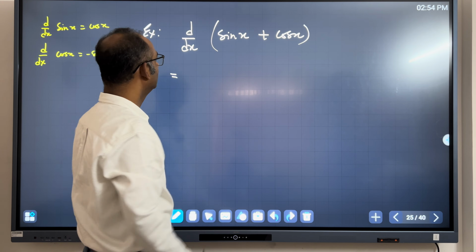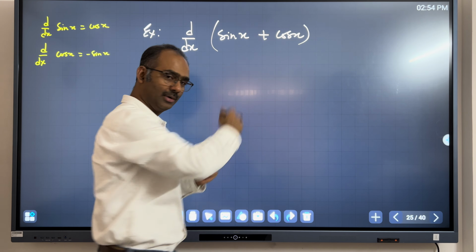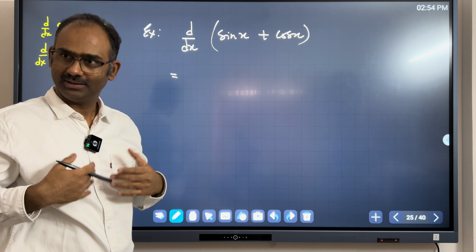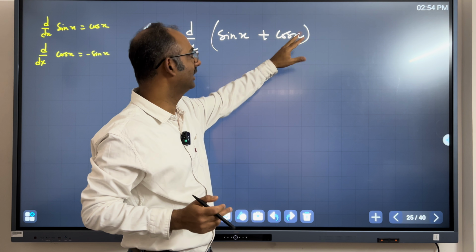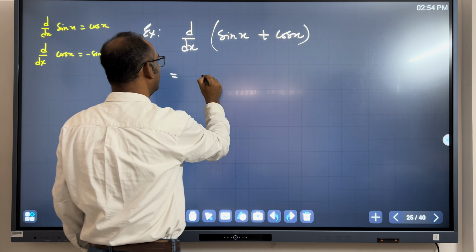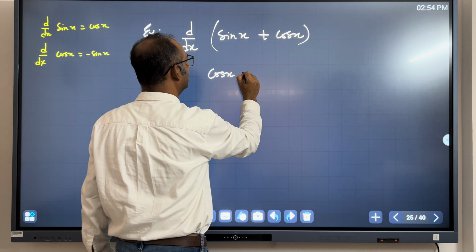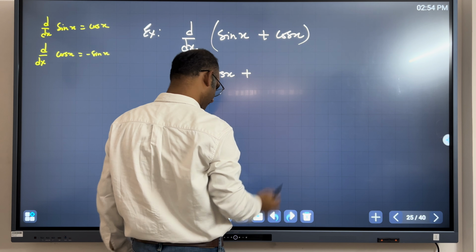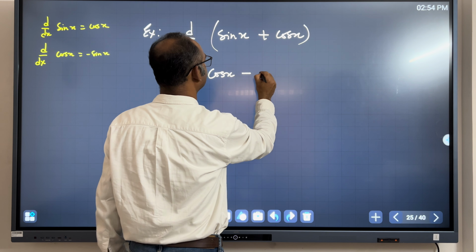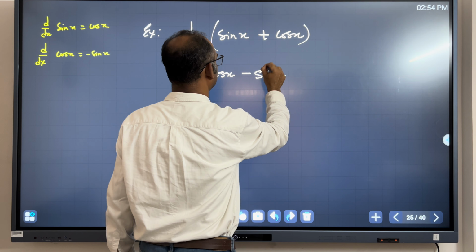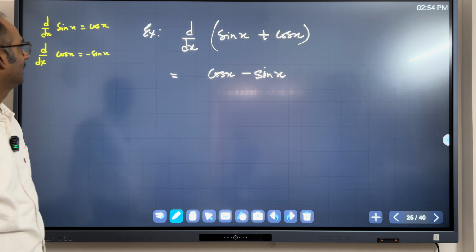Remember rule number 1: I can just take the derivative of this and add the derivative of that. So sine of x has derivative cos of x, and cos of x has derivative minus sine of x. That's the result.